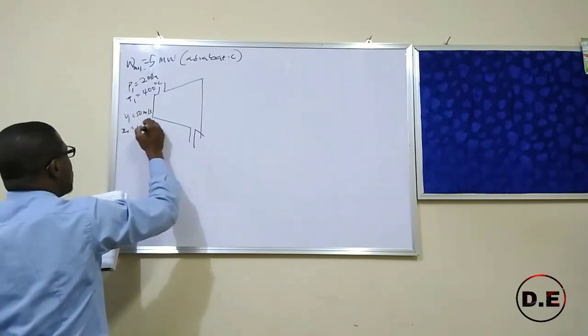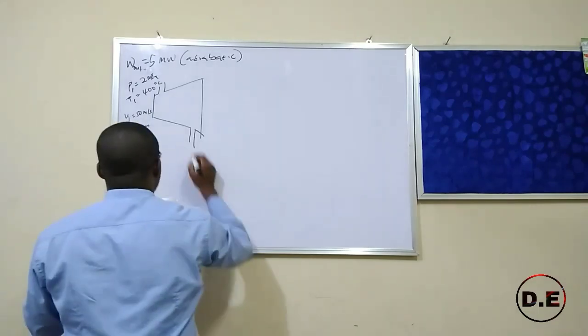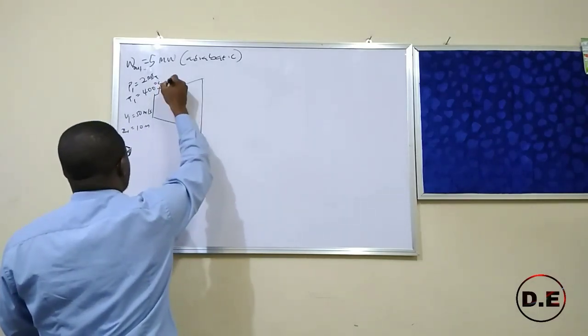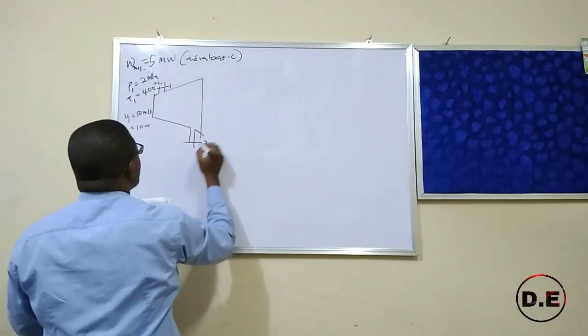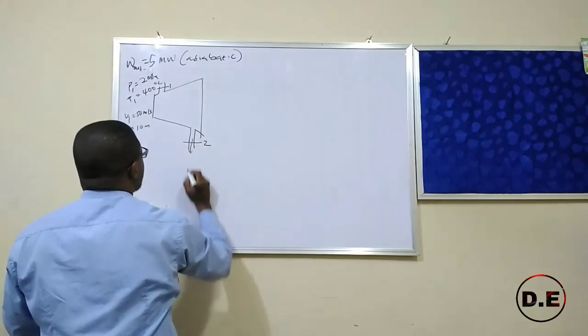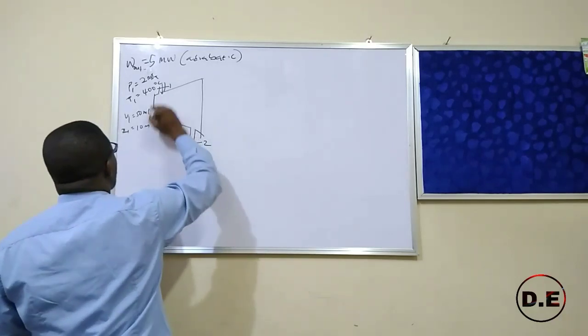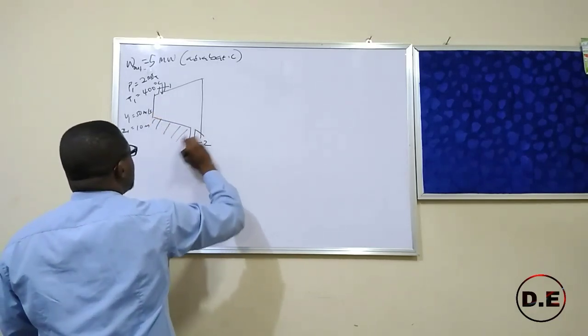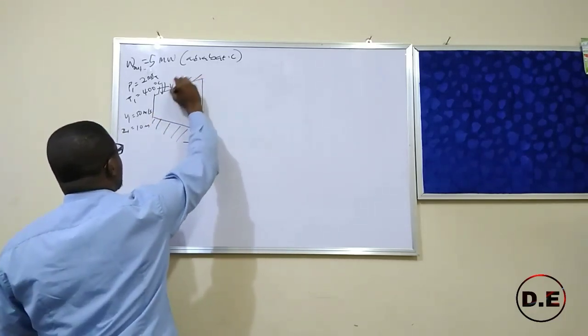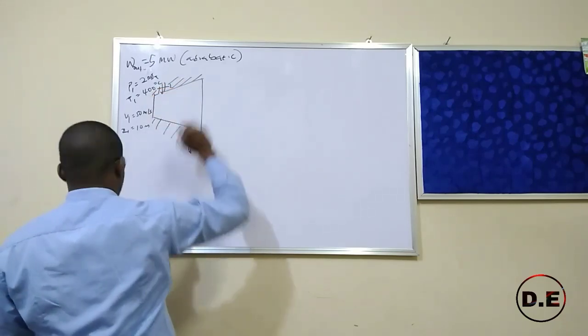Z1 is 10 meters. That is point 1. State 2. First of all, it's adiabatic, meaning no heat flow, no heat crosses its boundary.